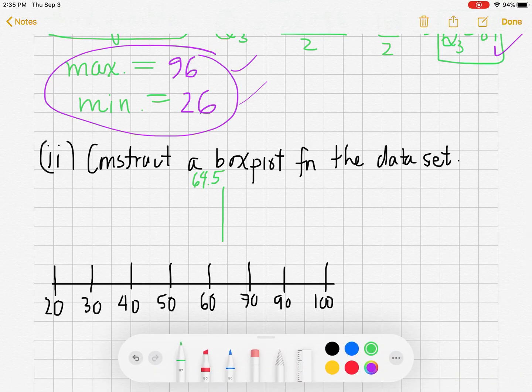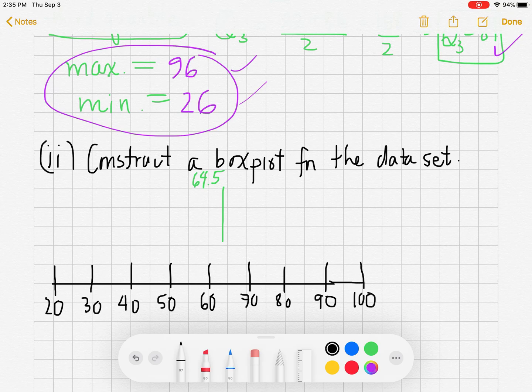My Q3 is 84. That's going to be the right side of my box, Q3. Where is 84? Ooh, I messed up my scaling. Hold up, the scaling is not quite right. I skipped something, right? There should be 80, 90, 100. It should be 80. It should be 90.